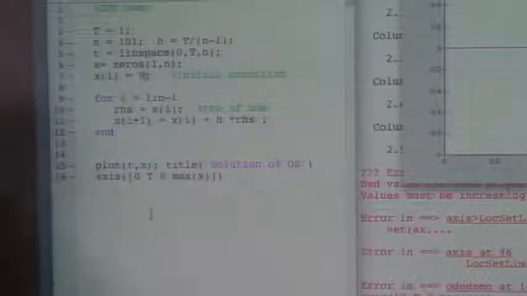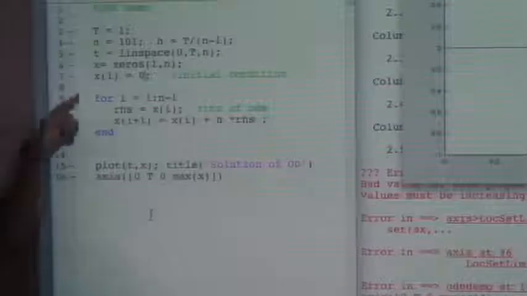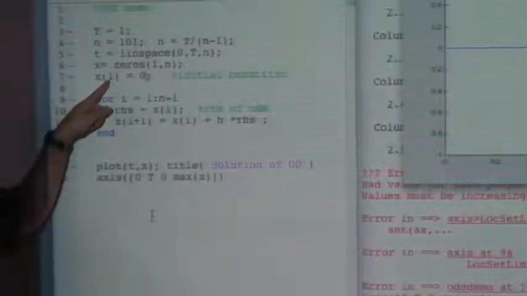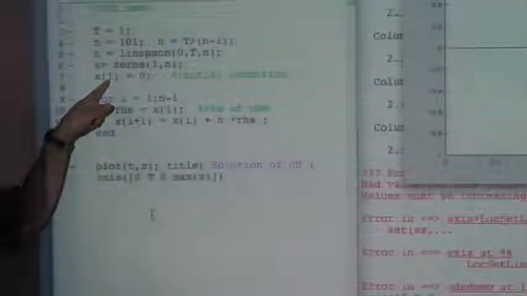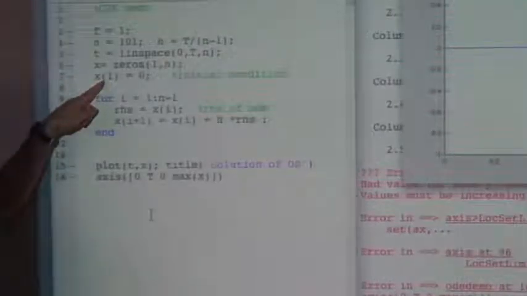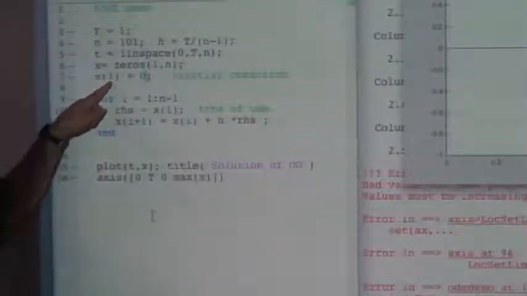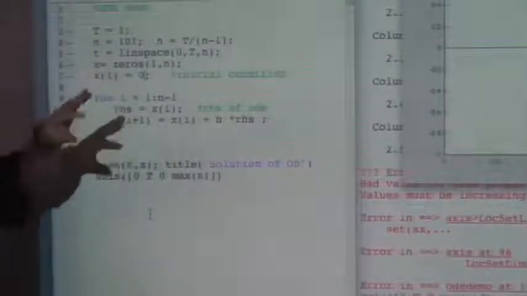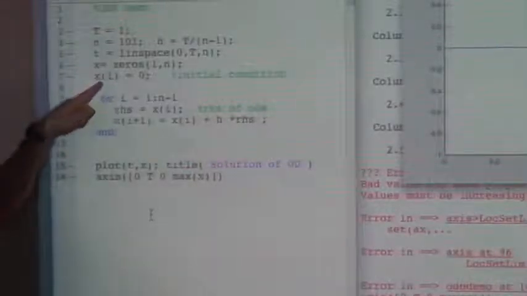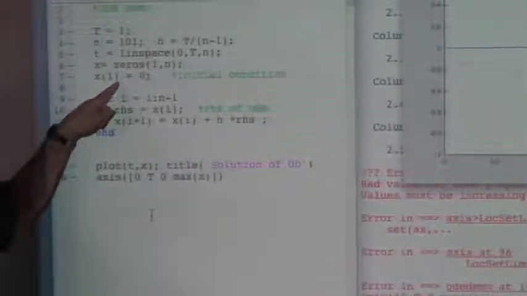Yes? Why did it work when you had the initial condition of x at 1 equals 1? I thought the initial condition was x at 0 equals 1. Okay. It's x at time equals 0 is equal to 1. But MATLAB doesn't work that way. We're trying to find x of t in math speak. In MATLAB speak, we're trying to find a list of values of x.